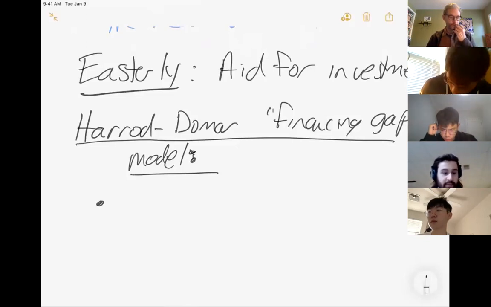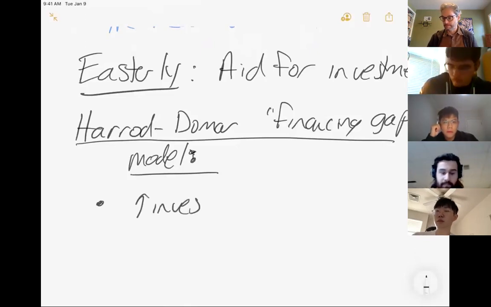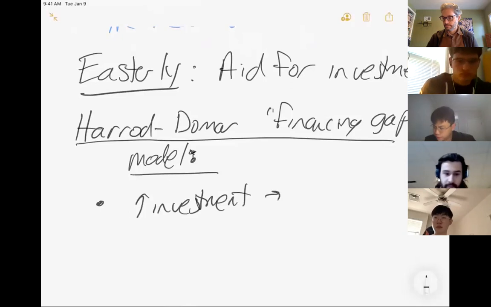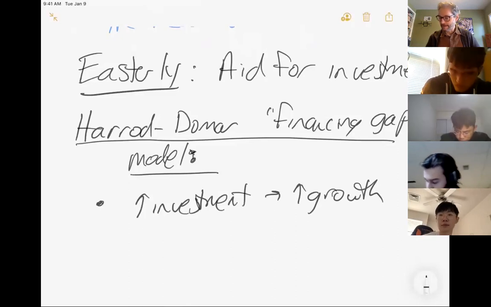Exactly. Very well said, Max, right? Basically, how do you increase growth? Increase investment. In fact, it's even a little bit more predictive than that.